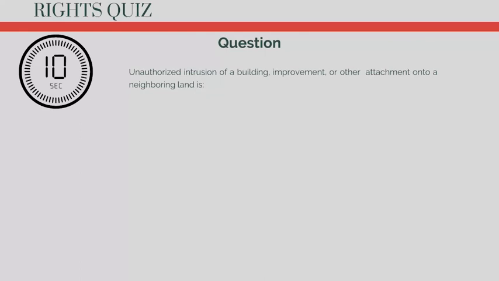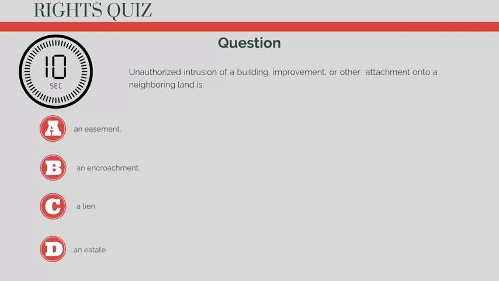Unauthorized intrusion of a building, improvement, or other attachment onto a neighboring land is an easement, an encroachment, a lien, or an estate. B, an encroachment.